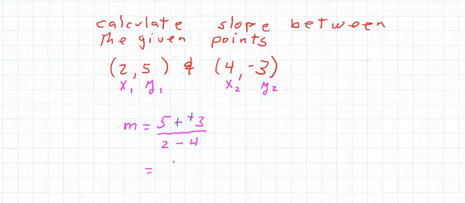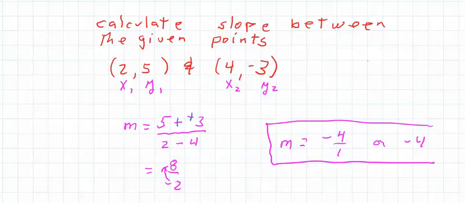So 5 plus 3 is 8. 2 minus 4 is negative 2. My slope, bring the negative up and reduce. Negative 4 over 1 or negative 4. You can give the answer with the denominator of 1 or as an integer.